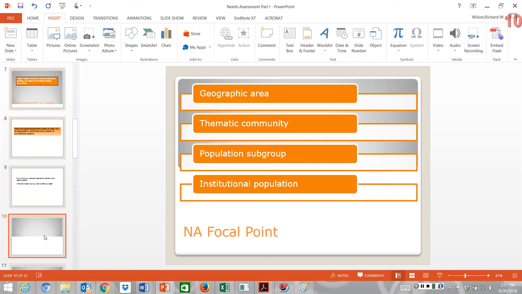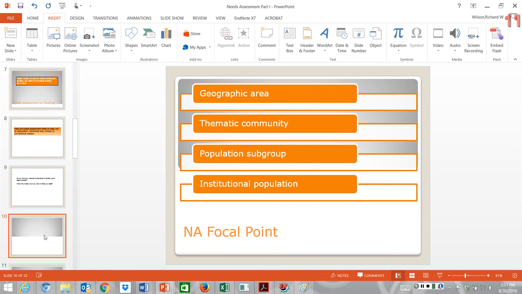Or maybe there's some kind of a thematic community, such as people who work in factories, or people who work in the public school system. And the thing that makes them a community is the theme of the way they make their living.